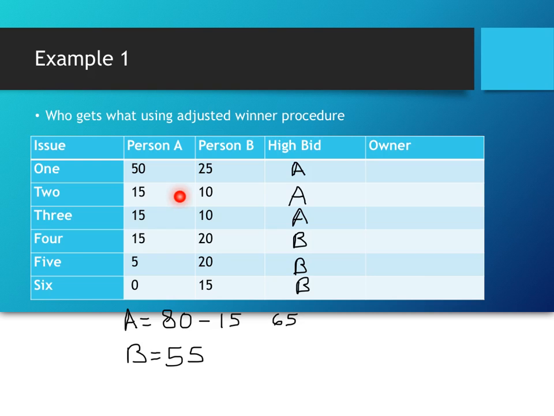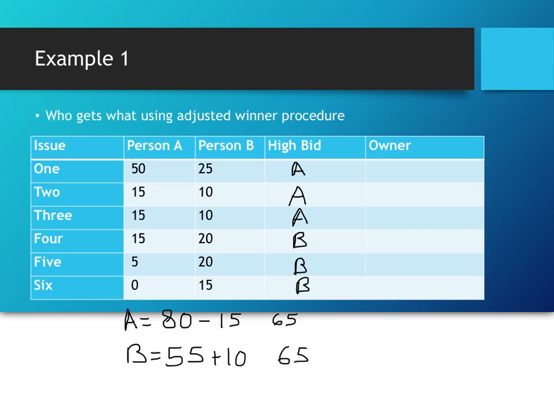And if I give B item 2 or 3, they will have added 10 points. So that adjustment at the end allows us to balance out the goods that A and B have won in their own eyes.